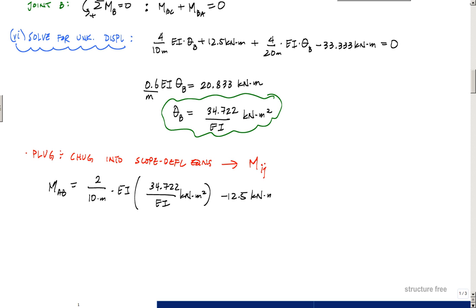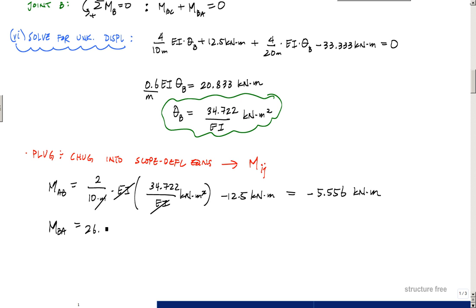And this, if I cancel that out, meter, cancel that out, will give me that the MAB is hopefully a number that makes sense. Yes, it's going to be in units of kilonewton meter, and this is minus 5.556 kilonewton meter.